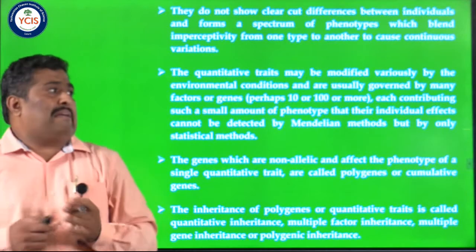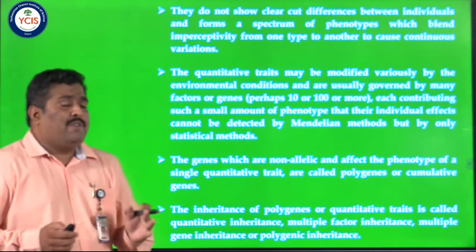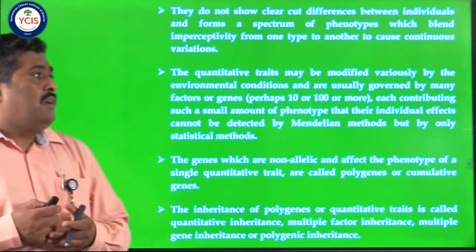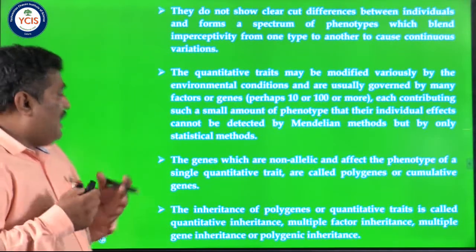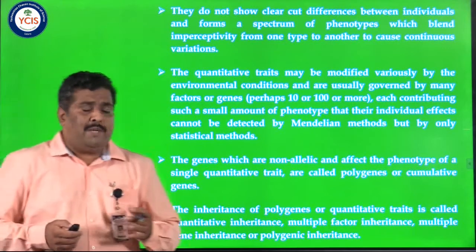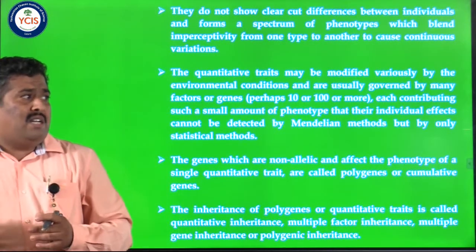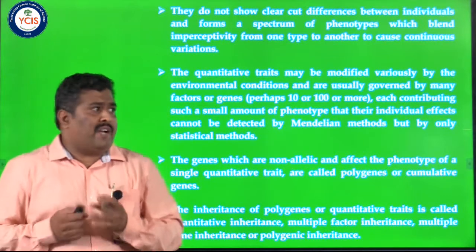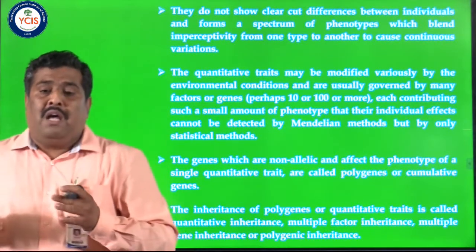They do not show clear-cut differences between the individuals and forms. A spectrum of phenotypes blend imperceptibly from one type to another to cause continuous variation. The quantitative traits may be modified variously by the environment.